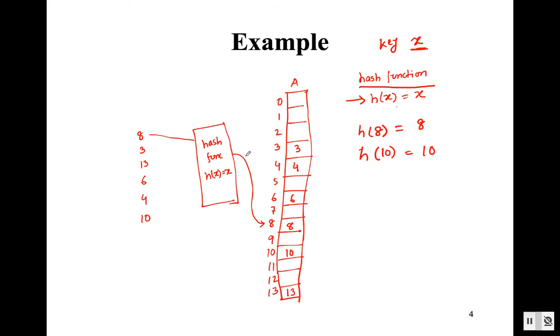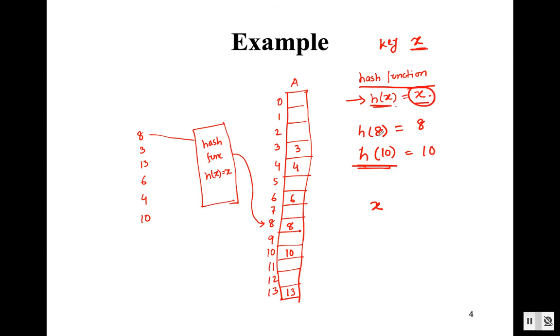So this hash function is going to calculate the hash value. If our key value is x, this is our hash function, and the hash value is the result of the hash function.